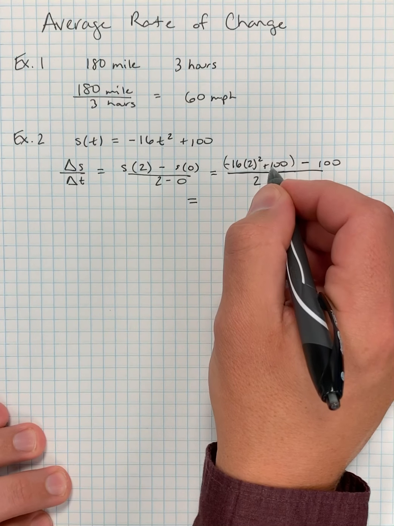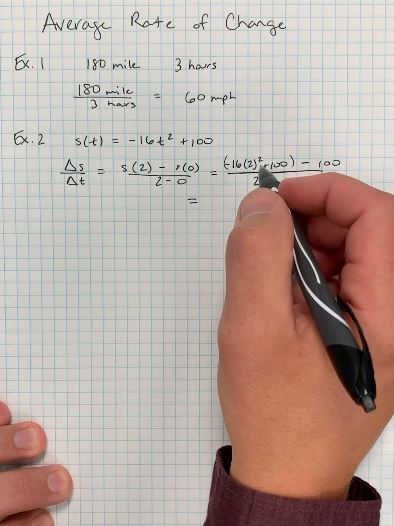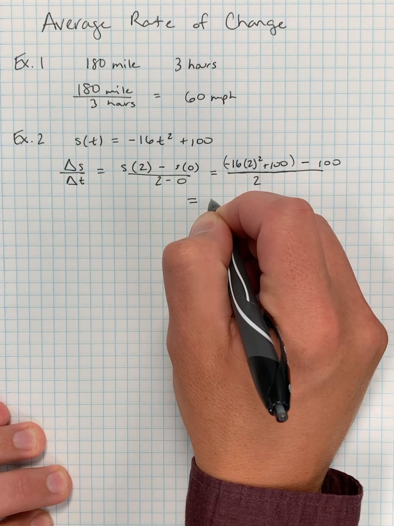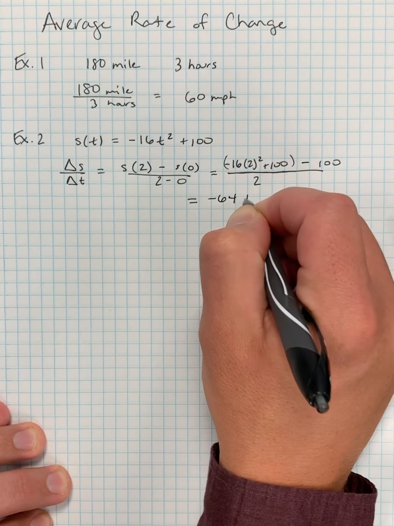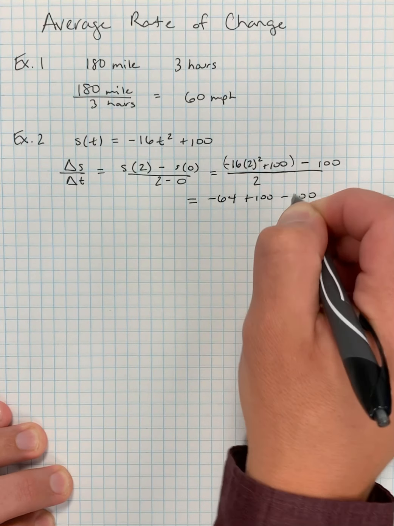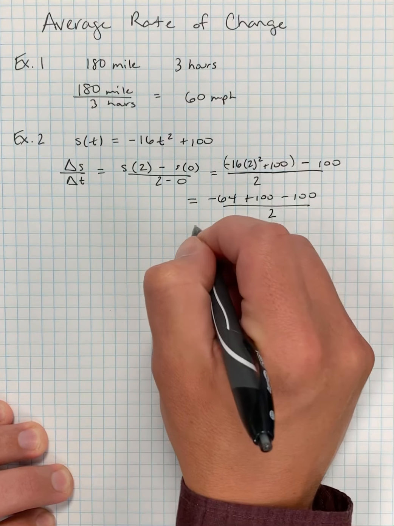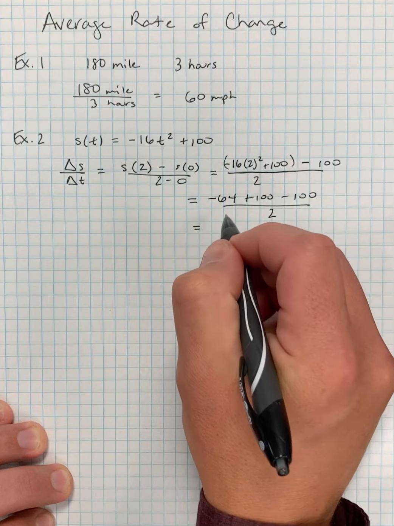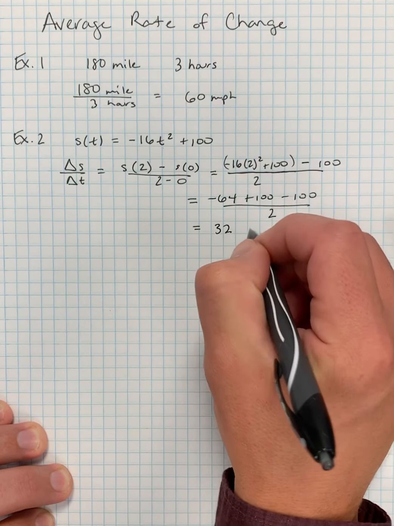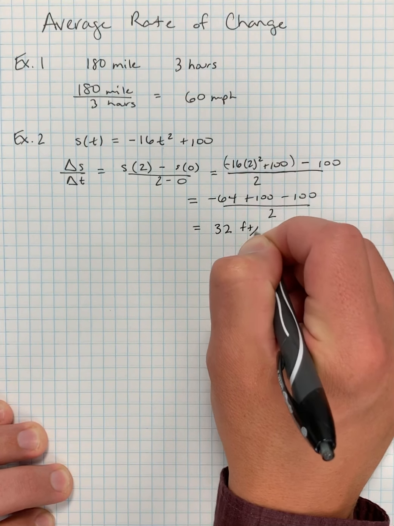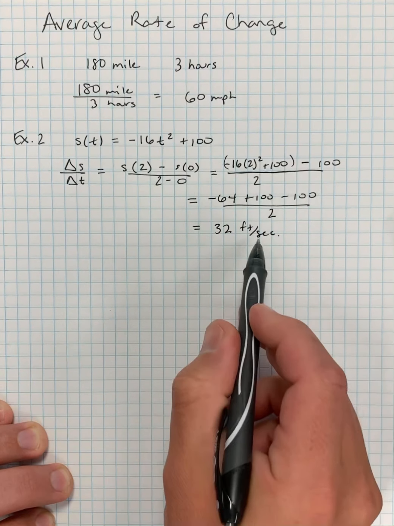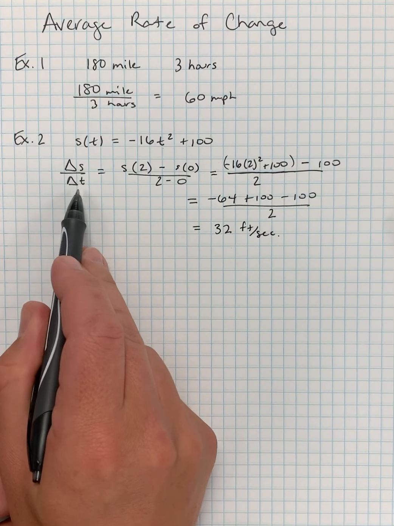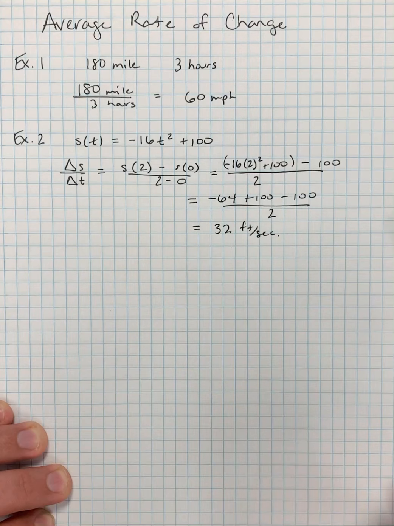Take that away from 100. We end up with negative 64 plus 100 minus 100 all over 2, which gives us a total of 32 feet per second. Units make sense there. Change in distance over change in time, feet per second.